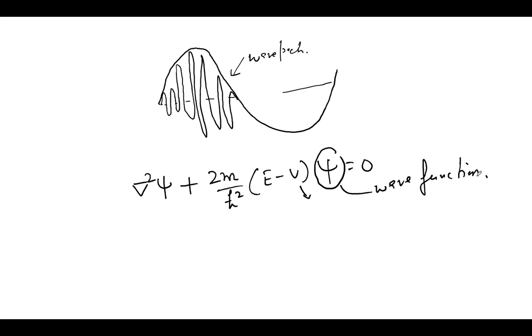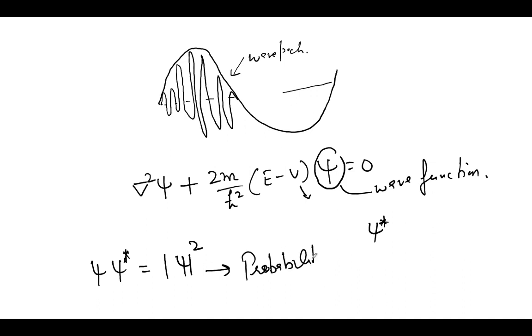Now psi star is the complex conjugate of the wave function psi, and according to Max Born, psi star psi, that is psi square, represents the probability of finding the particle in unit volume.